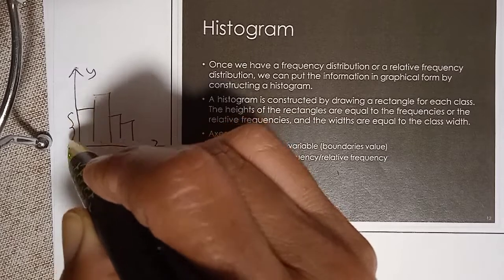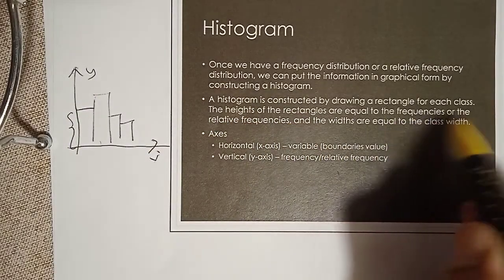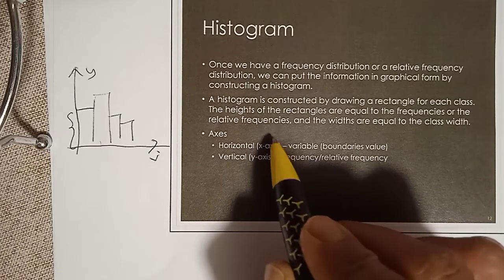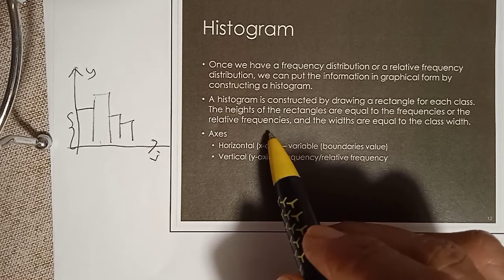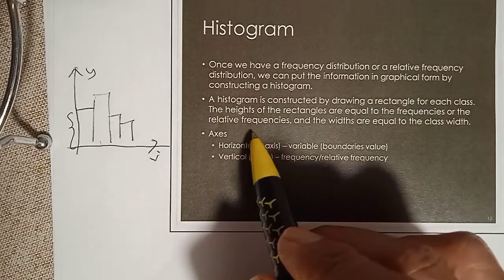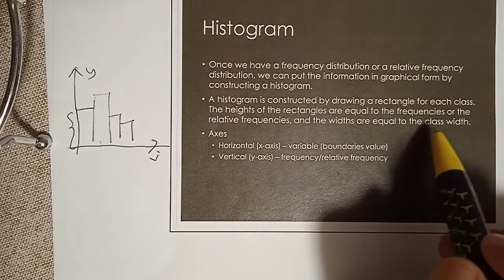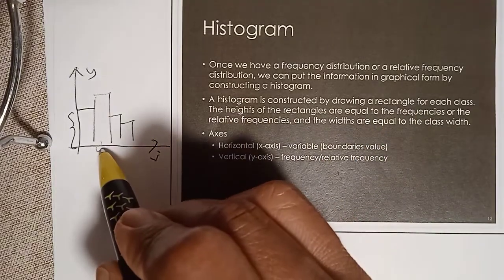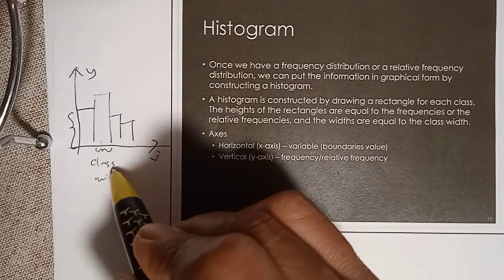The height here represents the frequencies or the relative frequencies, depending on which type of information we would like to display. And the width is equal to the class width.